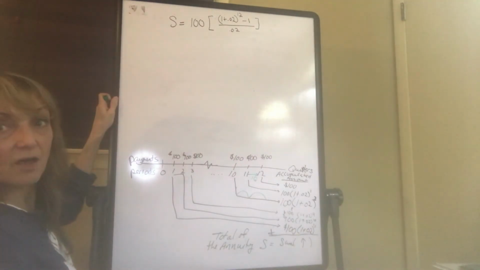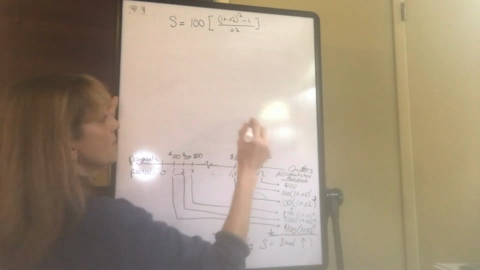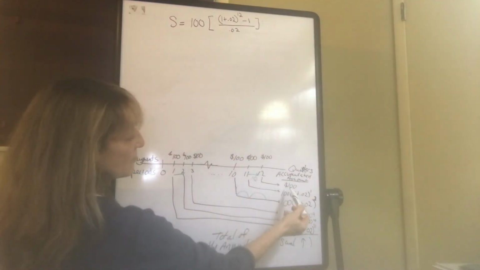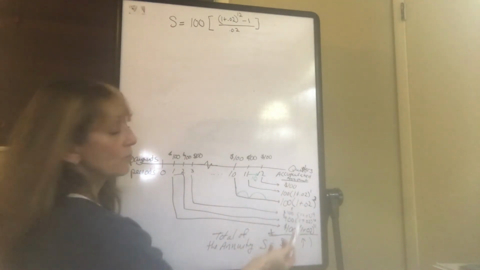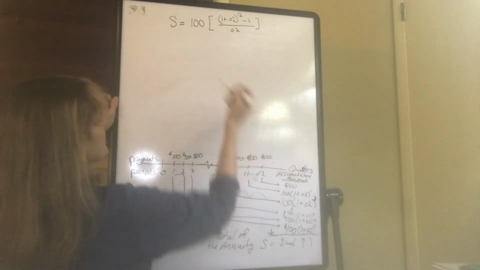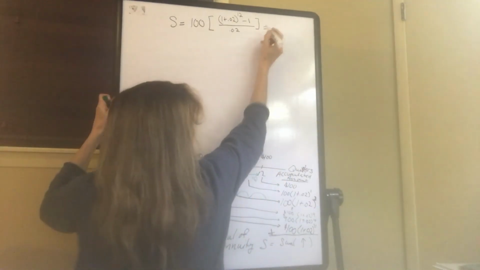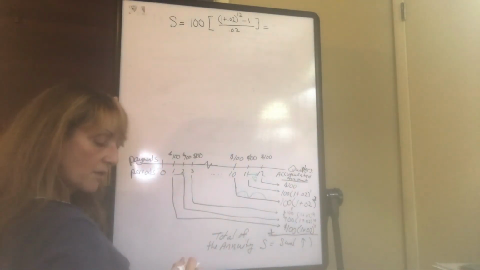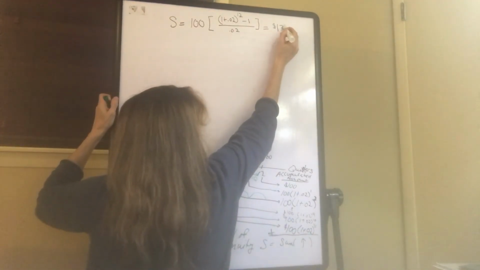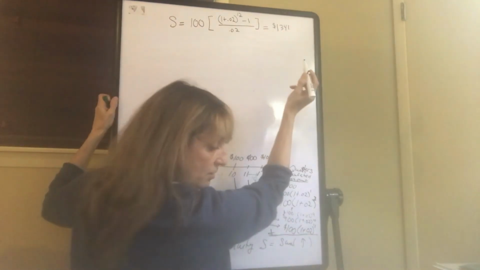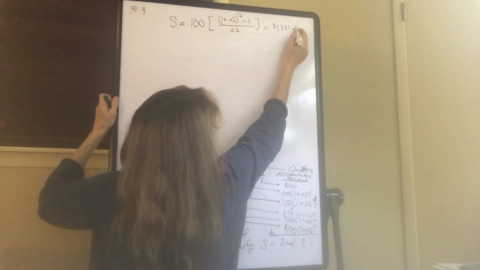And if we do that formula, you would match what you'd get if you added up all 12 quarters, the sum over all 12 quarters. And what you would get is $1,341.21, rounded to the penny. Okay.